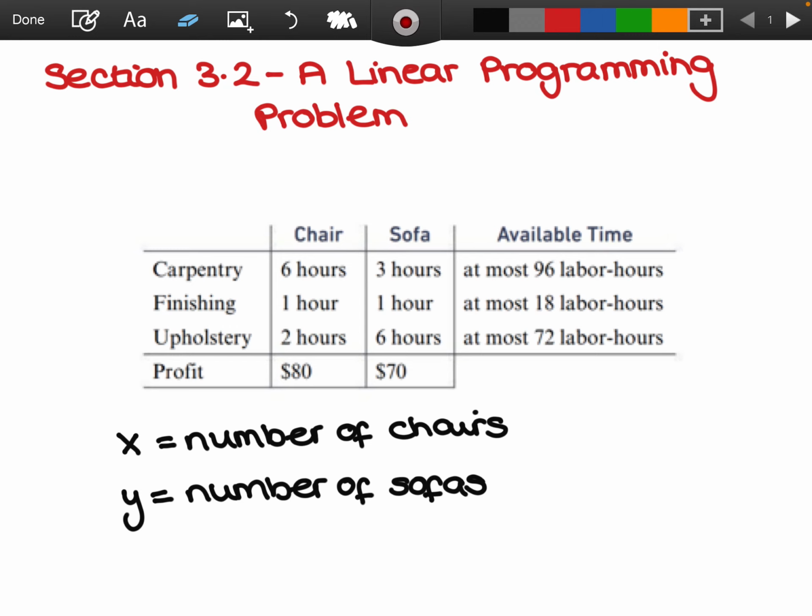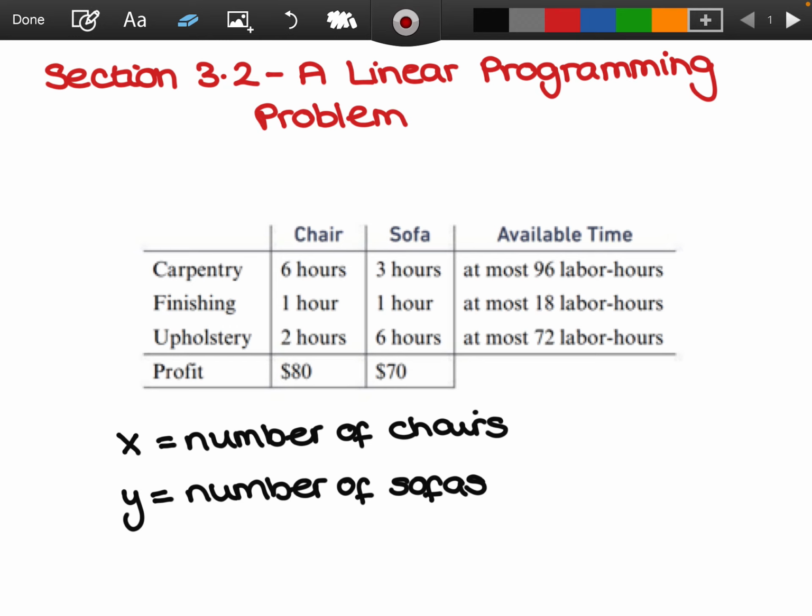But we also have constraints: for carpentry, we have at most 96 labour hours a day, at most 18 hours a day for finishing, and at most 72 hours a day for upholstery.